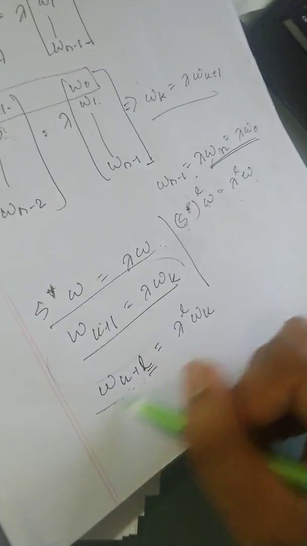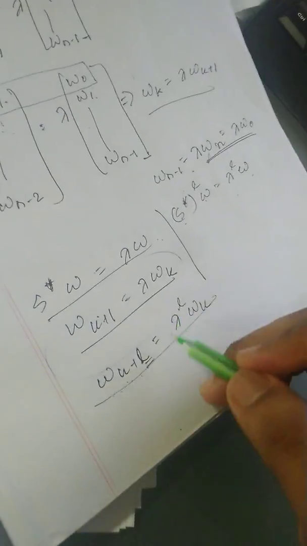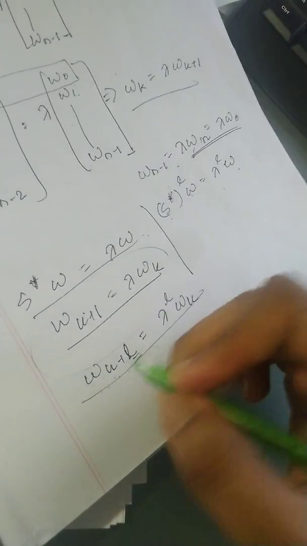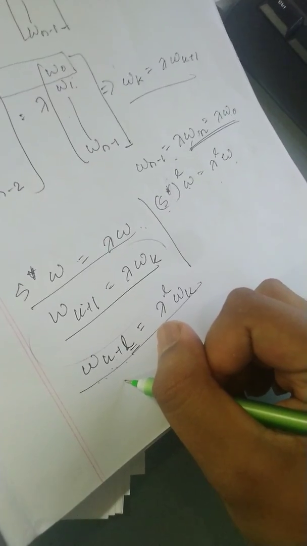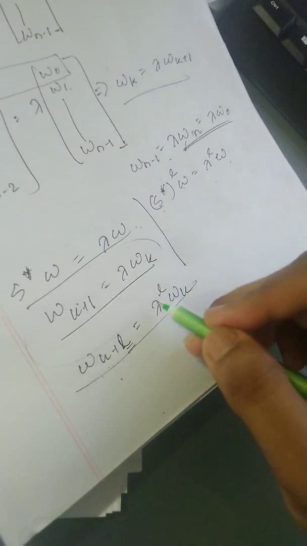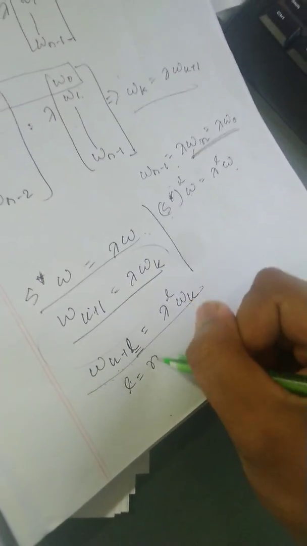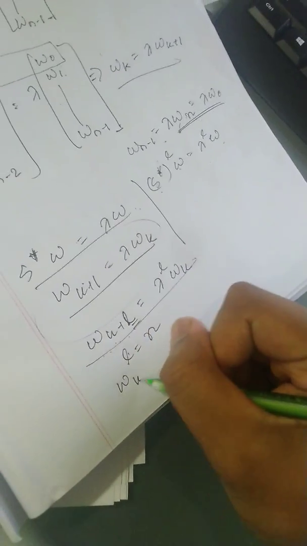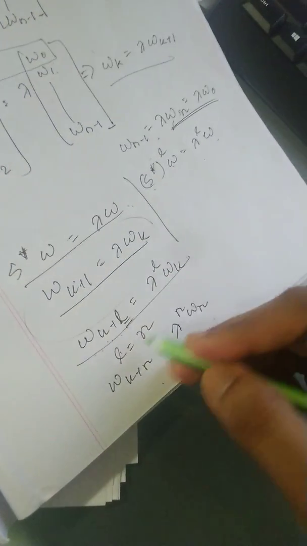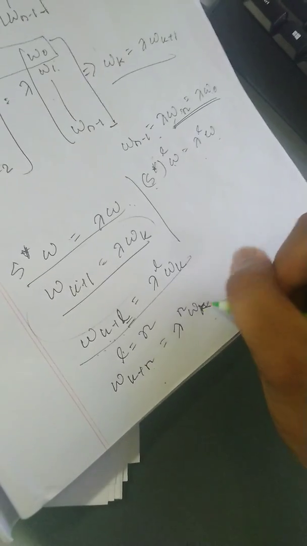From here we can easily see that if we put l equals n, we will get w k plus n equals lambda to the power n wk.